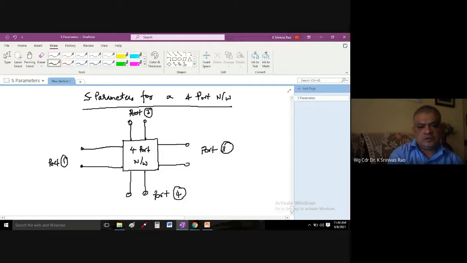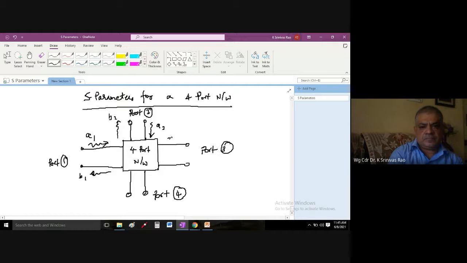When we were discussing the two-port network, we know there is one incident signal, called A1, and there is a reflected signal, let us call it B1. Similarly here, the incident signal is A2 for port 2, and the reflected signal will be B2 for port 2.